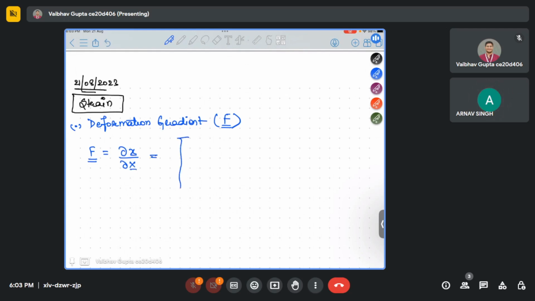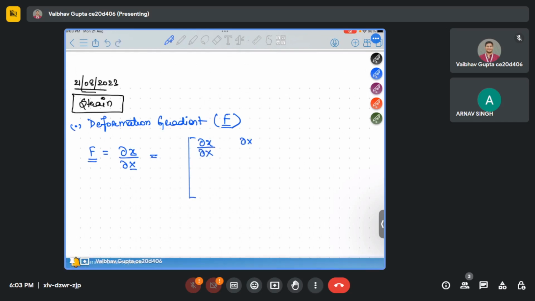So in matrix form, how will we write this? Why am I writing small x and capital X? Can you tell me? Position vectors, current and reference.